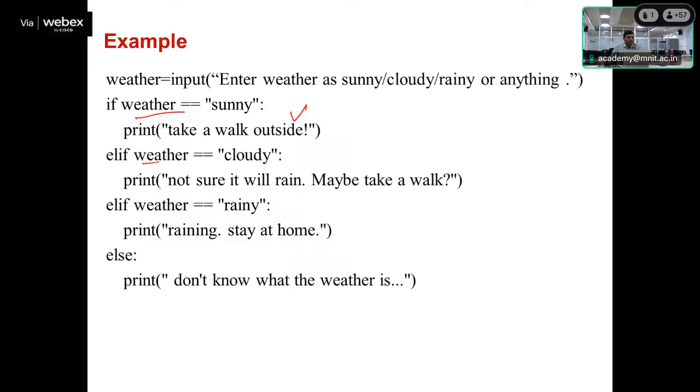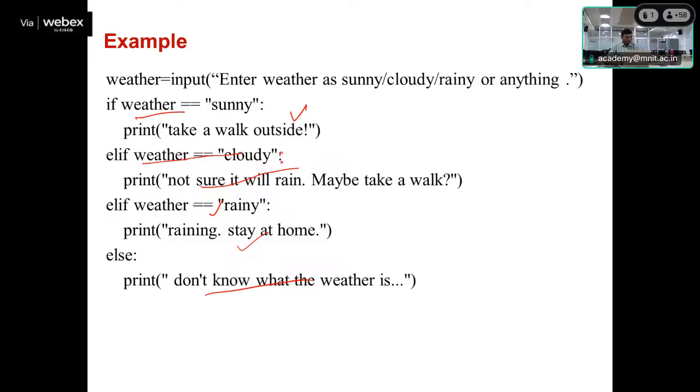And if the weather is cloudy, see the syntax, then colon, print, not sure, it may rain, maybe we take a walk. And if the weather is equal to raining, it is raining, so we can stay at home. Else it is not sunny, cloudy or raining, it means we don't know what the weather is.